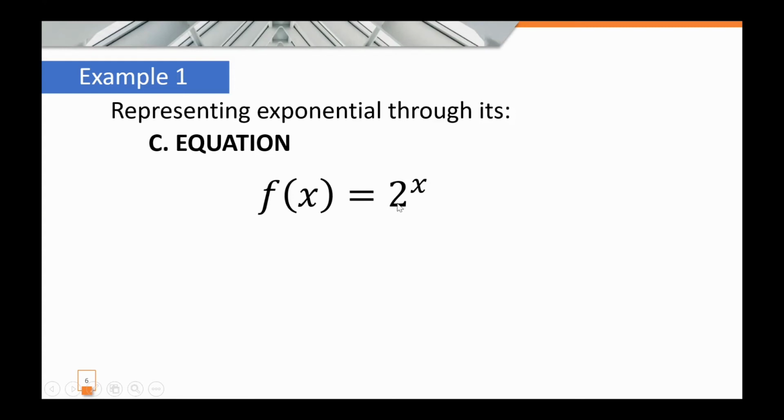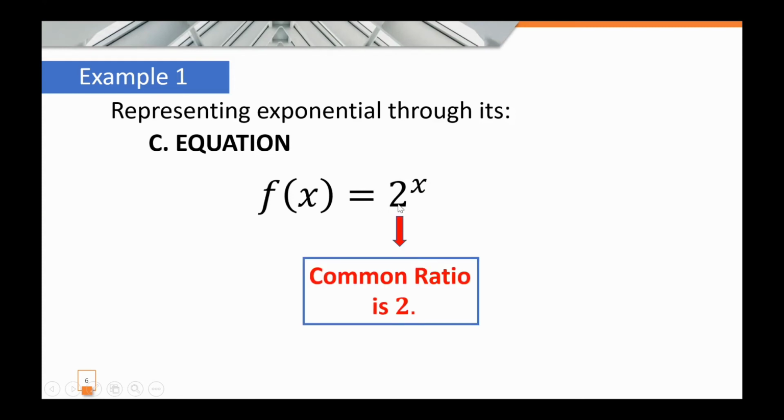This 2 we got as the common ratio in the table of values, and then we have here the exponent x. That is your exponent. So this is the equation given the table of values in example number 1.